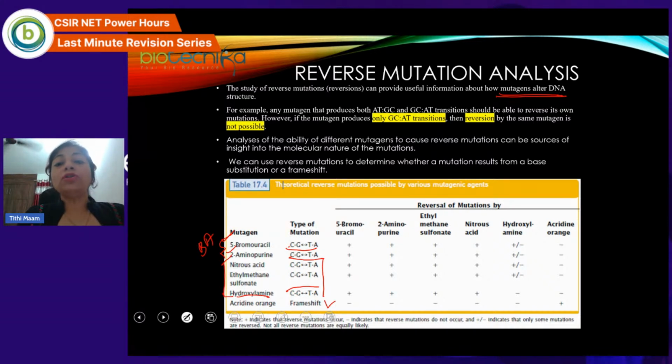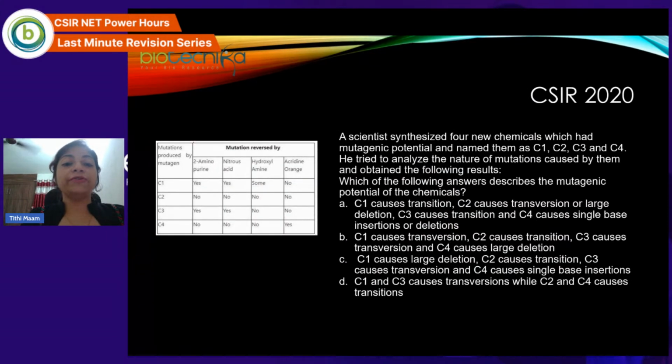Now when we talk about transversions, transversions can be caused by oxidative agents. So once you have this information, like what agent can cause which kind of mutation, this mutation reversal study becomes very, very easy.